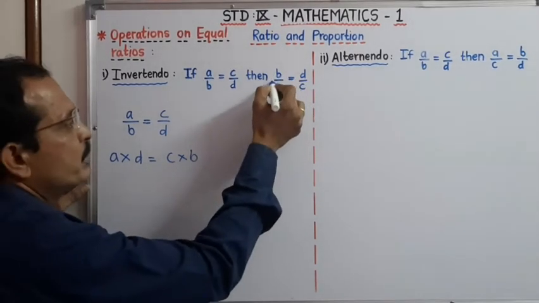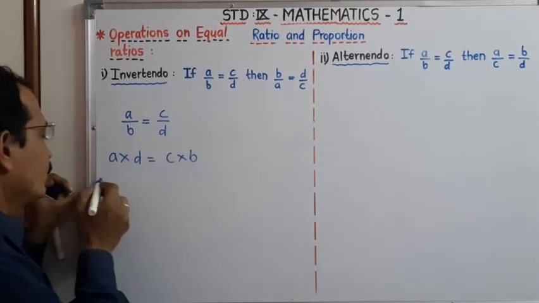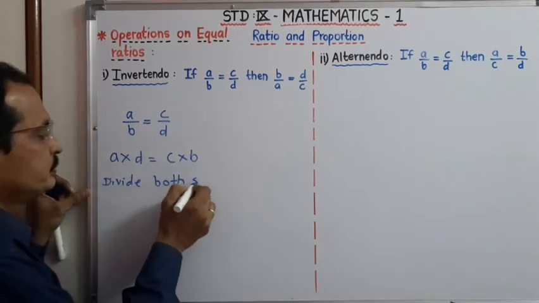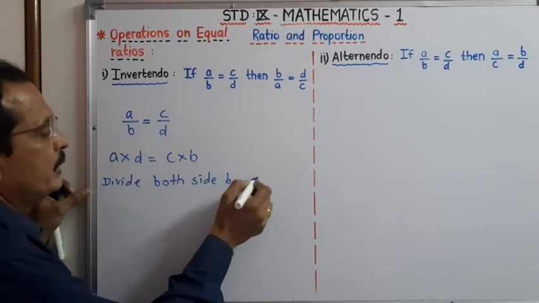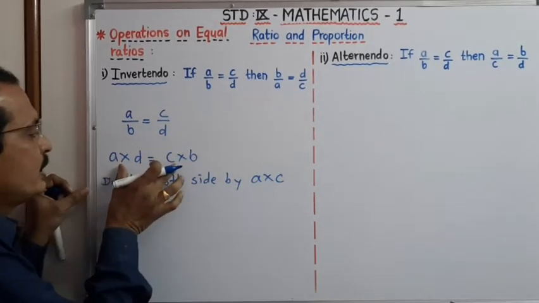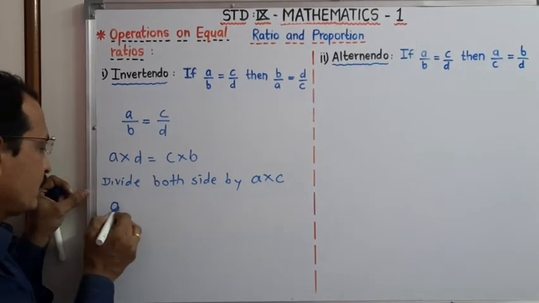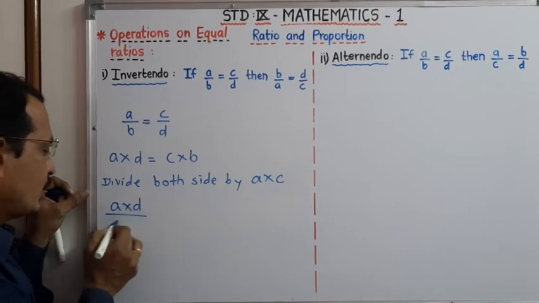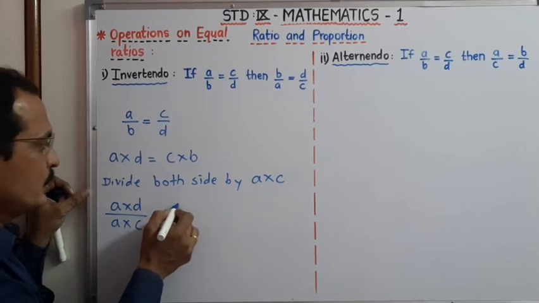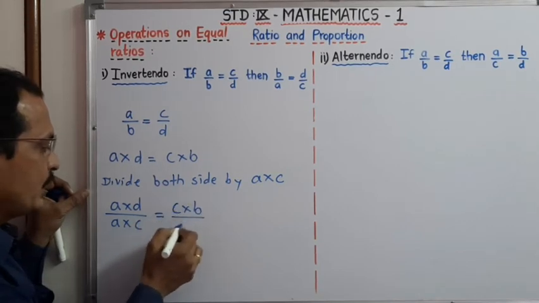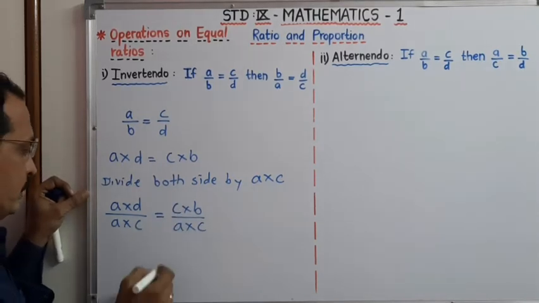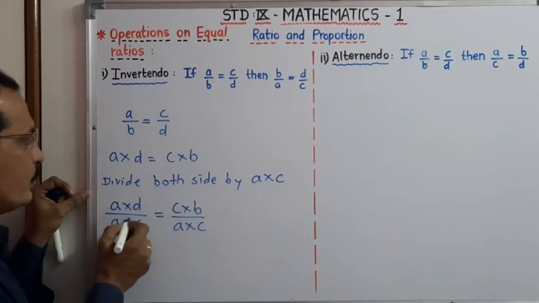Now for getting B upon A is equal to D upon C, we have to divide both sides by A into C. Therefore, A into D upon A into C is equal to C into B upon A into C. What will we get here?